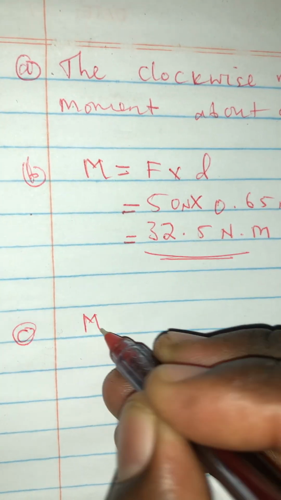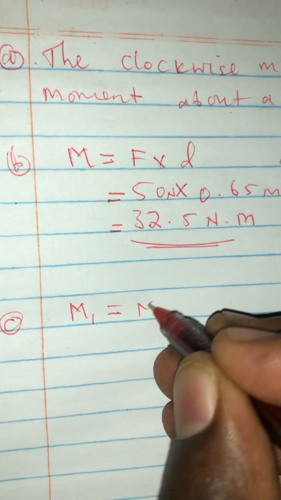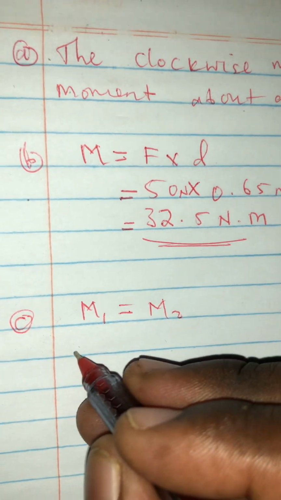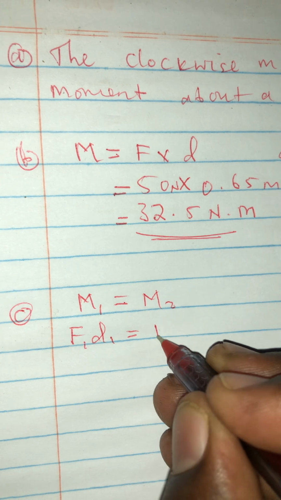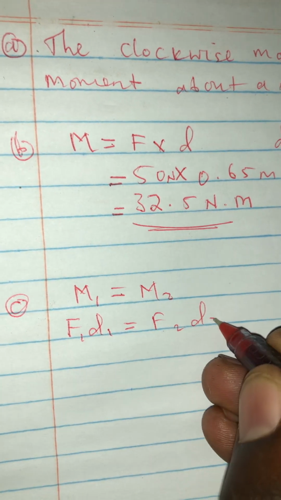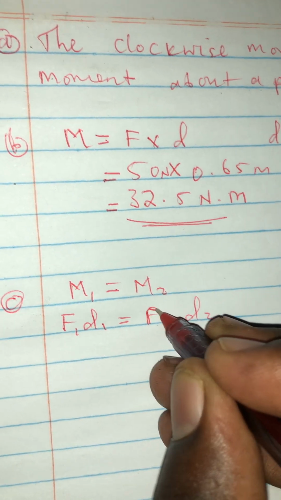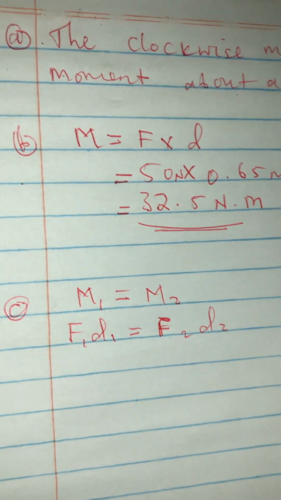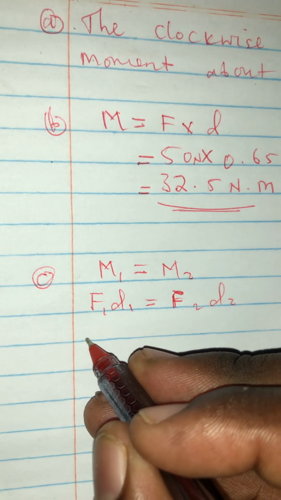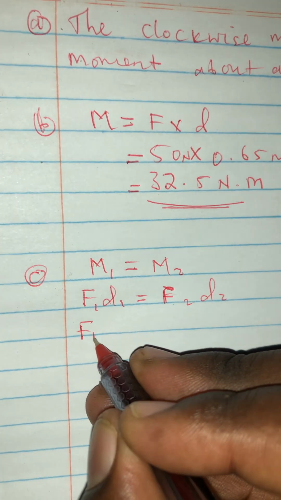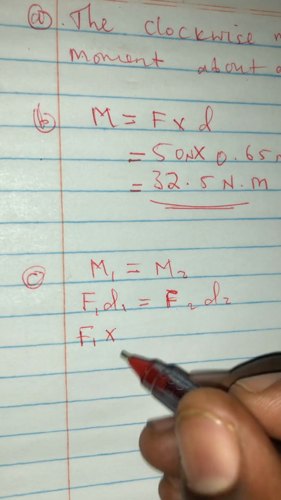We know that moment 1 is equal to moment 2, which means F1 d1 is equal to F2 d2. So we're going to use the same formula for the principle of moments. How much is our F1? Our F1 is the one that we're looking for, multiplied by our d1.